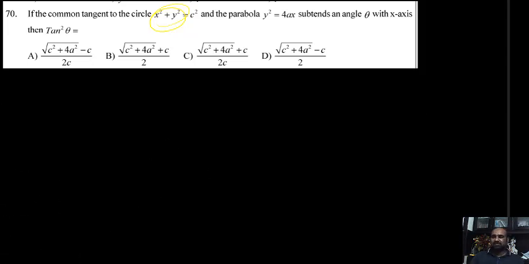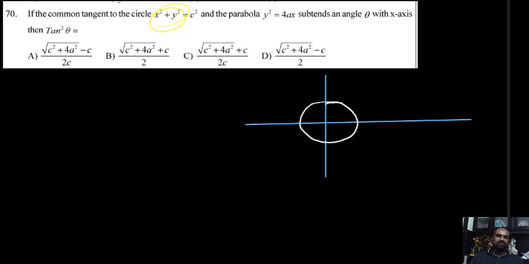So this is the y-axis. This is the x-axis. First of all, I will take a circle. Assume that this is the circle whose center is 0, 0 and radius is C, obviously. So this is the parabola. I will extend this x-axis backward.